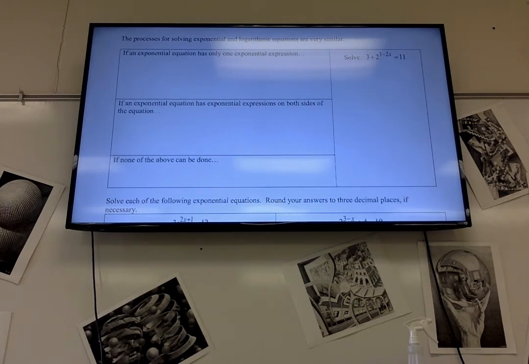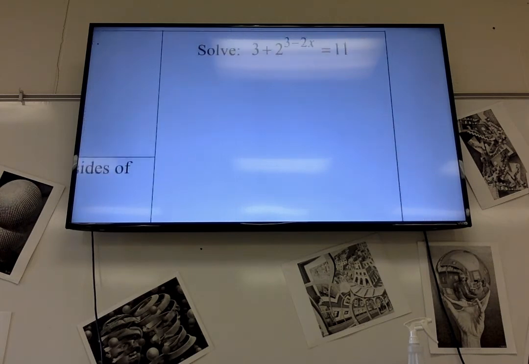Okay, I'm going to fill in some of these written things on the side later on, because I don't necessarily like the way this is having to be done. So we're just going to work with the problem first. Bell's probably going to ring, and that's all right. The first thing you want to do is get the exponential expression all by itself.